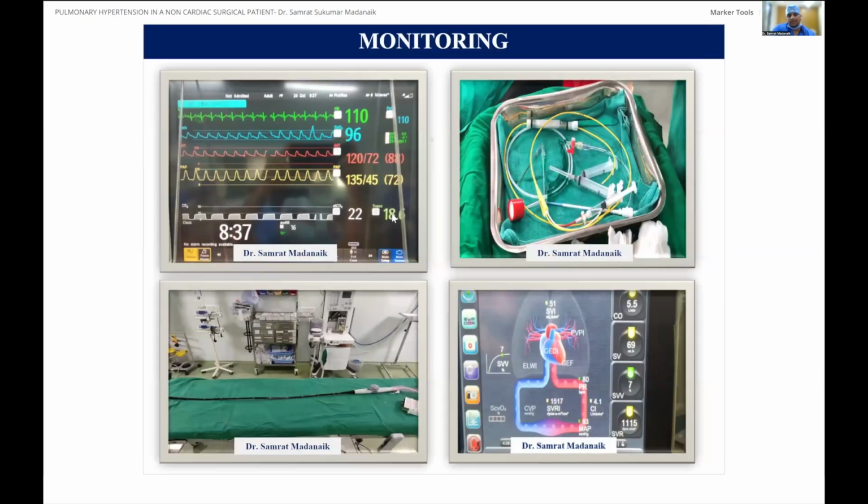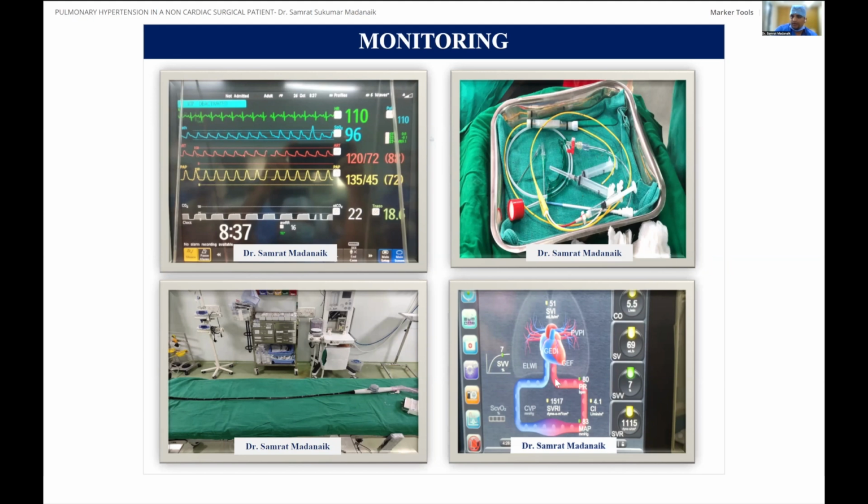The monitoring of these patients includes multimodality. Basic monitoring like ECG and pulse oximetry, and an arterial line is important. Along with that, in a few subset of patients, you can thread in a Swan-Ganz catheter or a pulmonary artery catheter. TEE, as I call it, is the third eye for the anesthesiologist inside the operating room, and monitoring these patients with transesophageal echocardiography can give you great inputs about the condition of the patient.